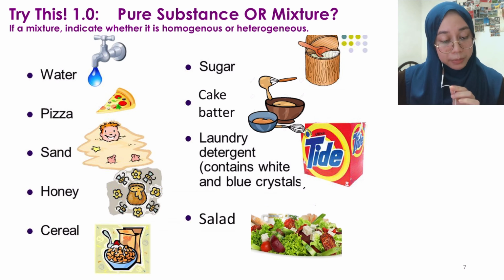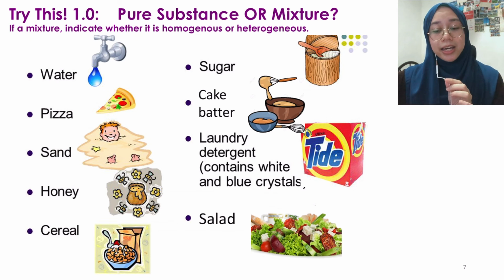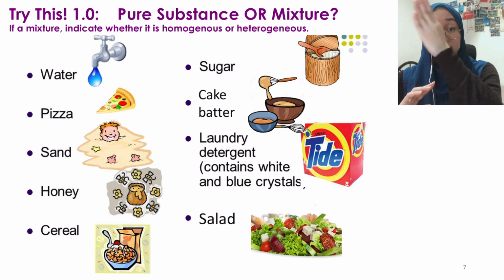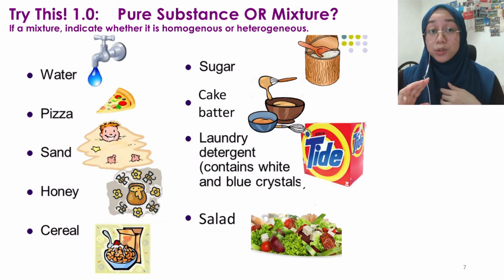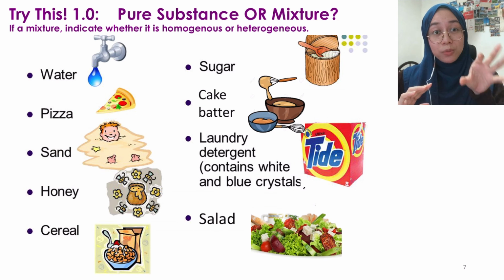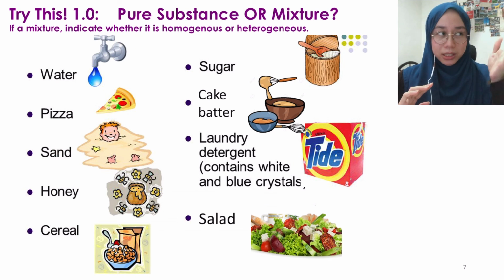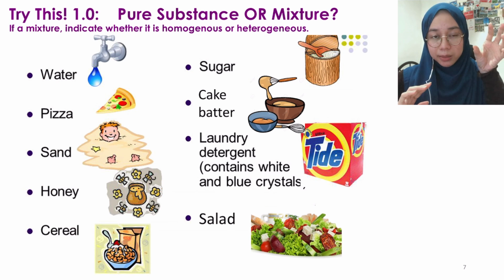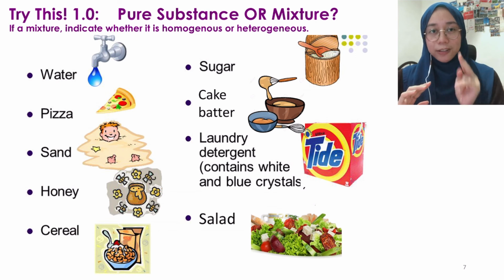So ada berapa banyak benda kat sini? Ada 9. Okay, so kamu boleh buat ni dalam bentuk table. Let's say kamu buat satu adalah pure substance, satu adalah homogeneous mixture, another one adalah heterogeneous mixture. Boleh juga. Okay, and gambar-gambar tu membantu untuk kamu identify sebenarnya sama ada dia adalah mixture ataupun pure substance. And then kalau dia mixture pula, sama ada dia adalah homogeneous mixture ataupun heterogeneous mixture. Okay, so that's all for this subtopic.